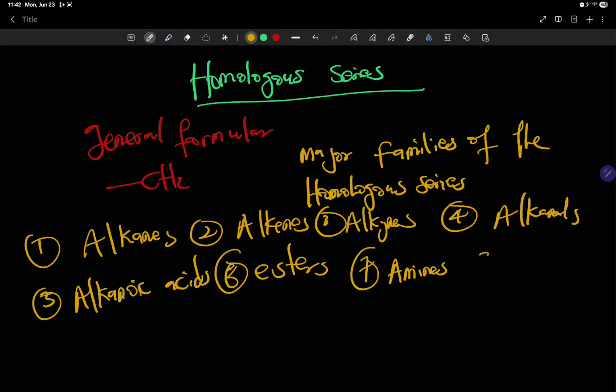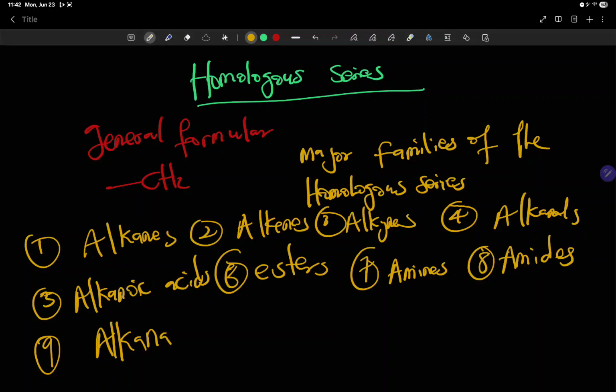We have imides. We have the alkanals. We have the alkanones.